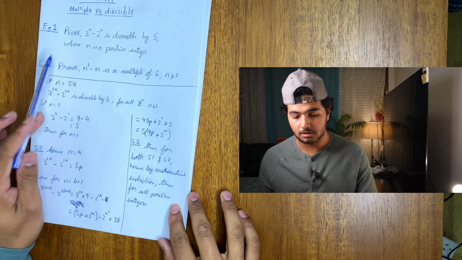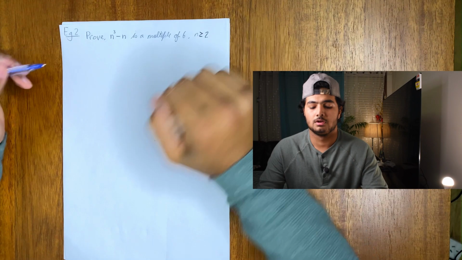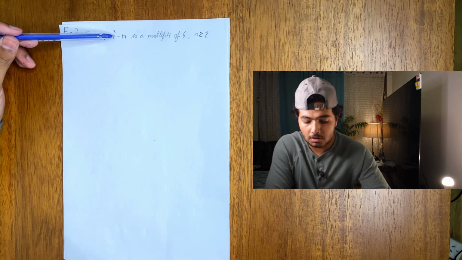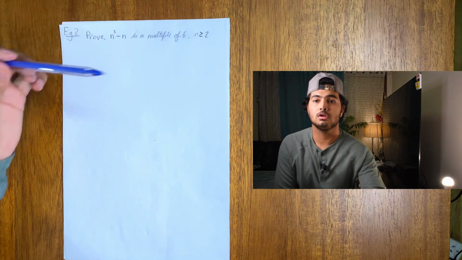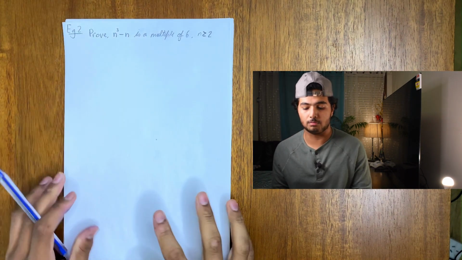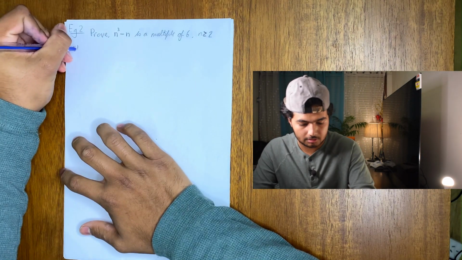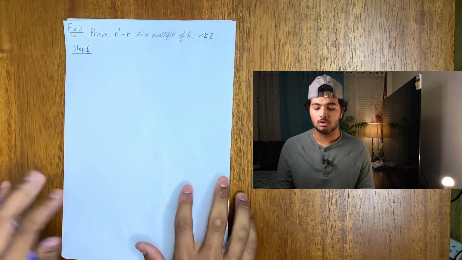Now we'll go on to example number 2. Looking at this next example, it says prove n cubed minus n is a multiple of 6, where n is greater than or equal to 2. A little different, it's got a multiple. Start with step 1 again, relatively straightforward.